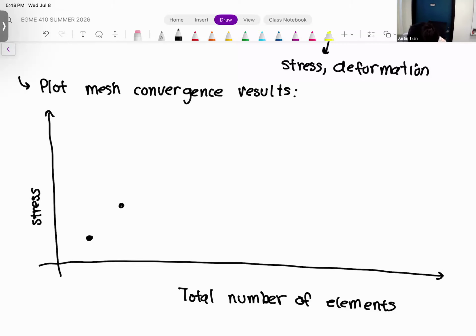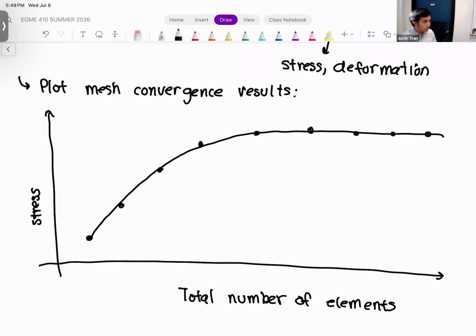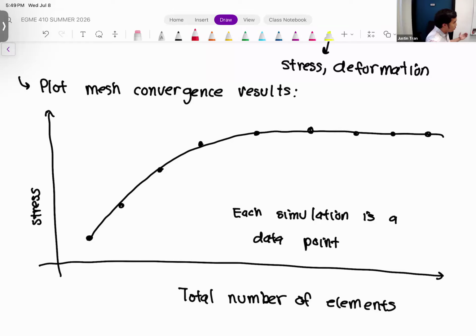Then for each mesh that you refine, you're going to record more and more data points, and you should be able to connect them all with a line. What you should see is that eventually, if everything goes according to plan, you're going to reach a point where this plot plateaus. I would say that occurs probably around right here.